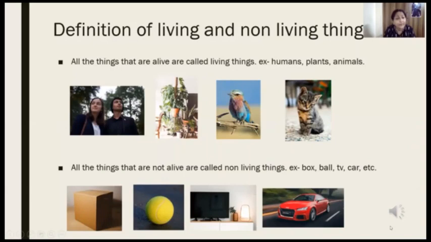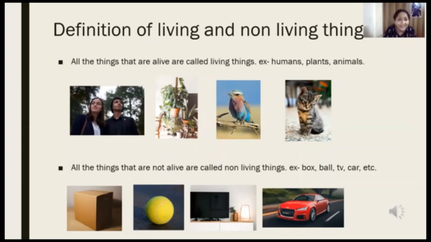Now children, we are going to learn the definition of living and non-living things. All the things that are alive are called living things. Examples: humans, plants, animals. Below you can see a picture. First picture, a girl and a boy.